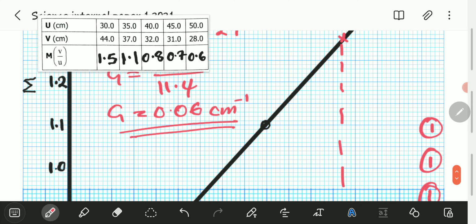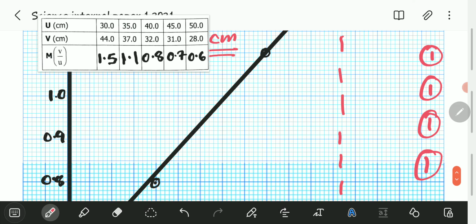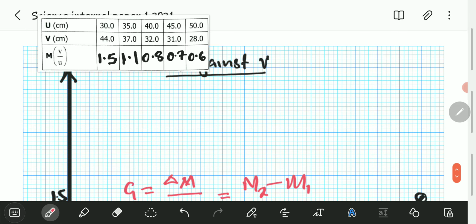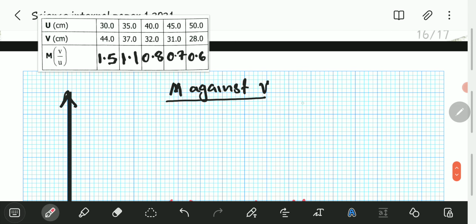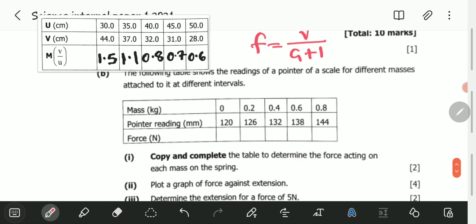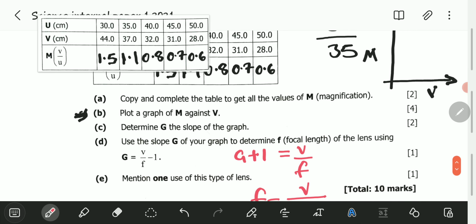So we are now calculating the focal length. We know f is equal to v over g plus 1. What is v? v is the image distance.